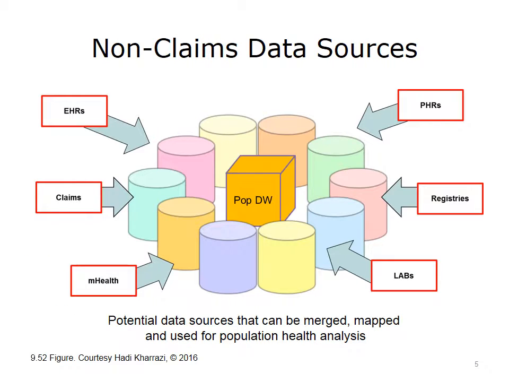This diagram shows the potential data sources that can be incorporated into a population data warehouse, POP-DW. As shown, data sources may include insurance claims, electronic health records, EHRs, mobile health, mHealth platforms, personal health records, PHRs, registries, or lab records.